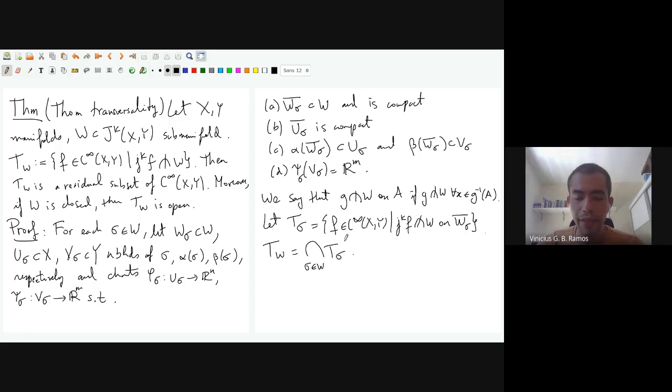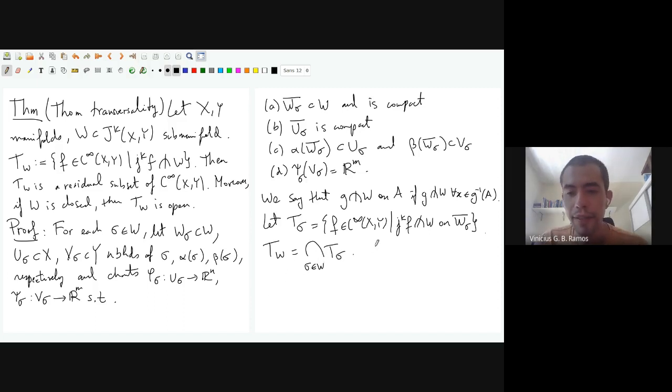Okay? And what we're going to say is, because the W sigma bar are covering, there's a finite number, not a finite, a countable number of these sigmas that will be enough.